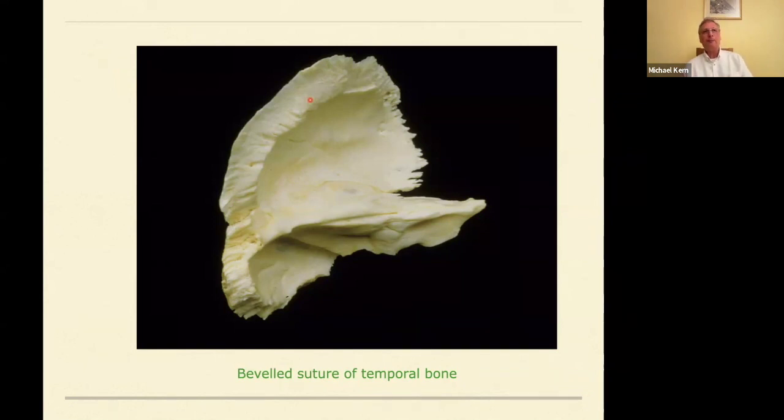He said, "A thought struck me that these bones are beveled like the gills of a fish, designed for some kind of respiratory movement." Anyway, he couldn't get this idea out of his head.